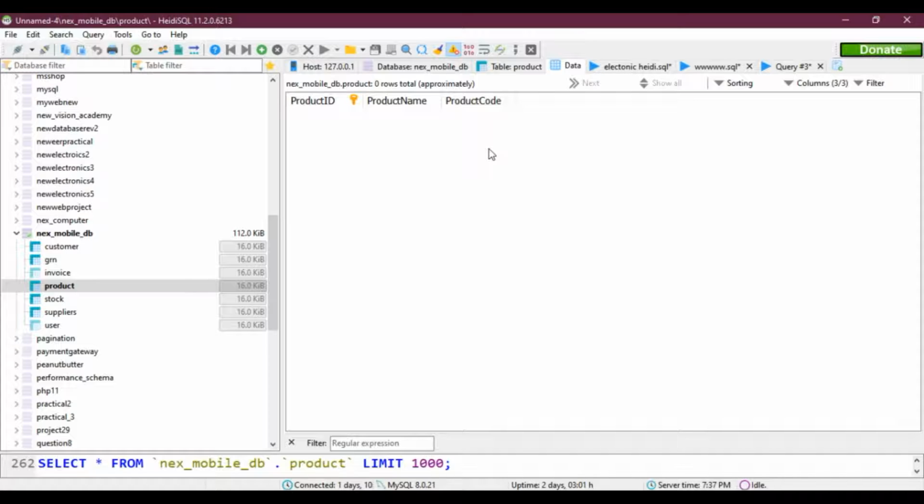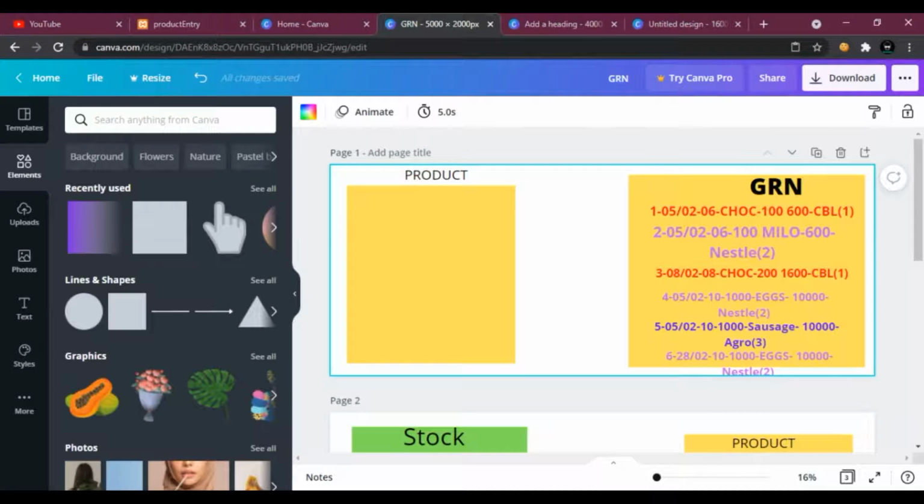So product code is basically a code that you can create and customize. Like if I get a product from CBL, I can say C. And if the product type is a chocolate or edible thing, you can say 1, so C1, and the unique number.